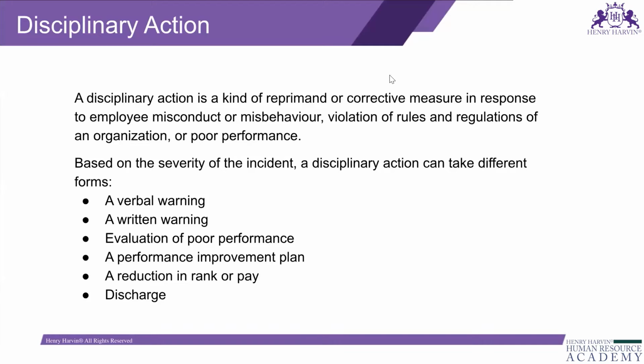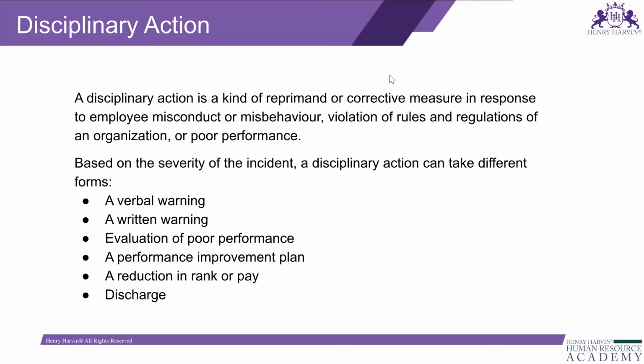Even after giving the verbal warning, if the employee is doing the same, a written warning will be given. A letter or email will be sent to the employee saying that on such and such date the HR department gave you a warning for not obeying the rules and regulations of the organization, but you continue to do the same.